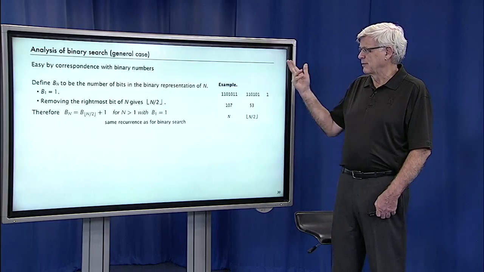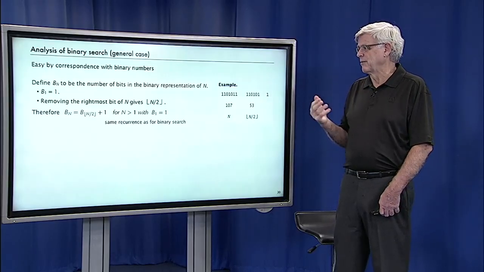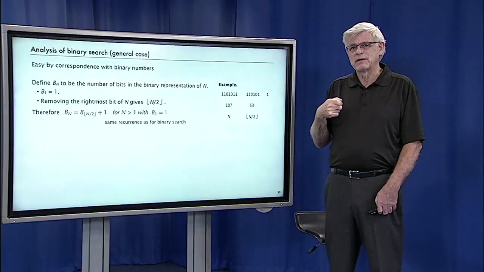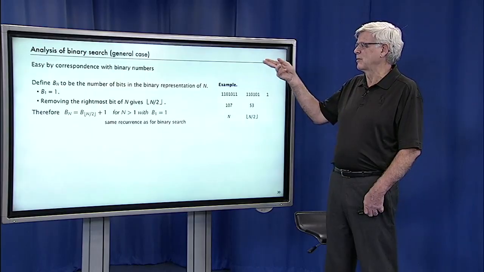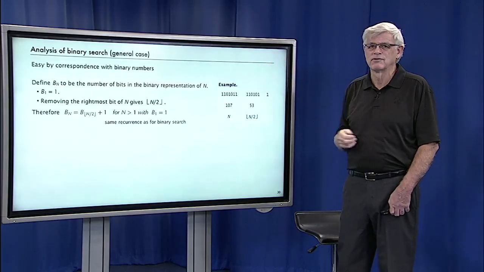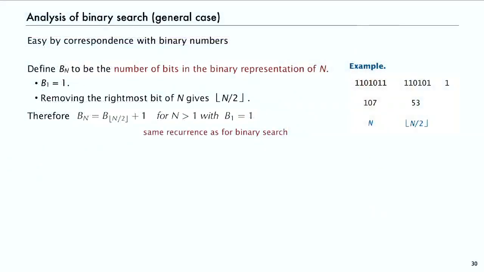Now, what about the general case when N is not necessarily a power of 2? It turns out there's an easy way to study that case, and that's to develop a correspondence with binary numbers. Let's define b sub n to be the number of bits in the binary representation of n. In this example, n is 107, and it's got 7 bits in its binary representation.